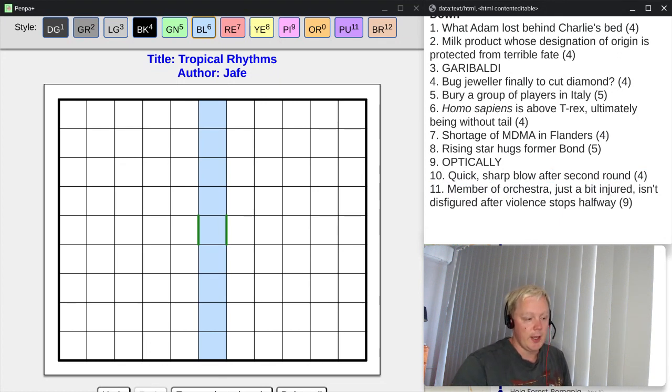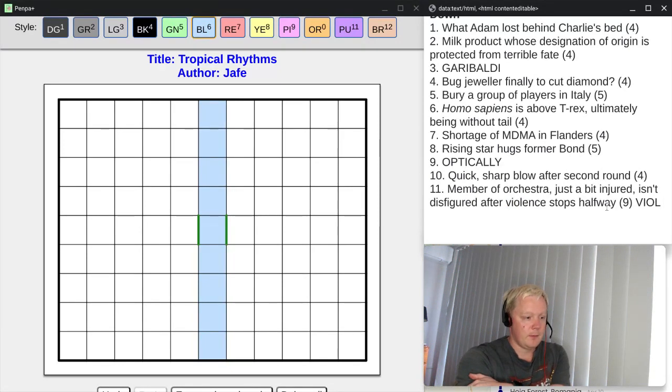Something stops halfway. If it's a word of even letter count, you can just take the first half of the word. So violence is 8 letters. So violence stopping halfway would be just taking the first half of the word violence, VIOL. And we have something after that. So we put that in the first position here.